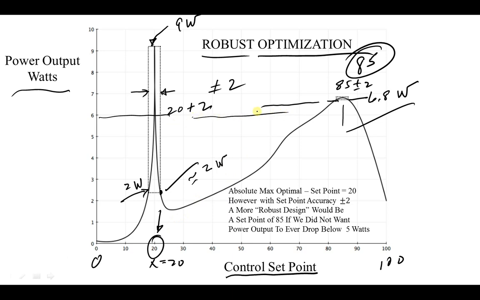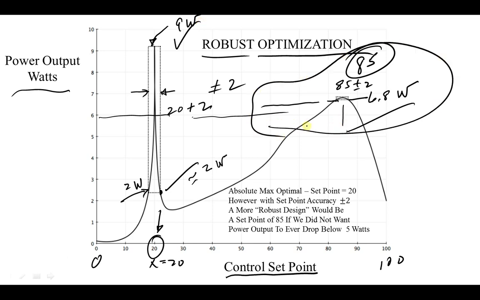So sometimes you might not go for the absolute max if you could not set your system up to always run at the optimal value. You might want to do what we call a robust optimization and take a second, possibly just relative maximum.